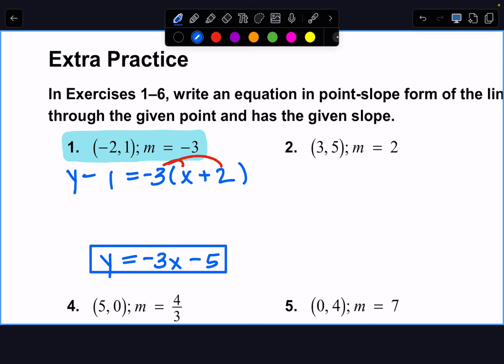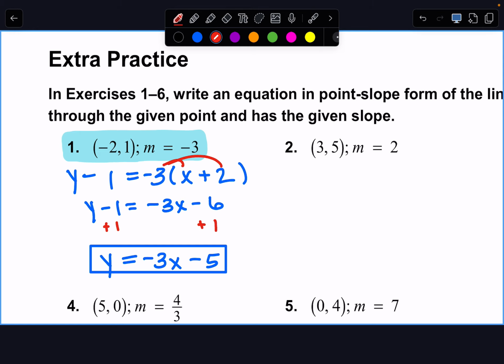I'm really worried about them. We distribute and then add over that 1. Fair.